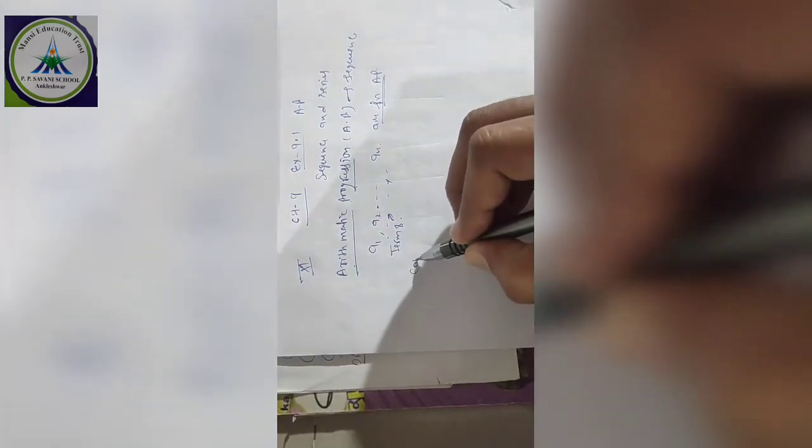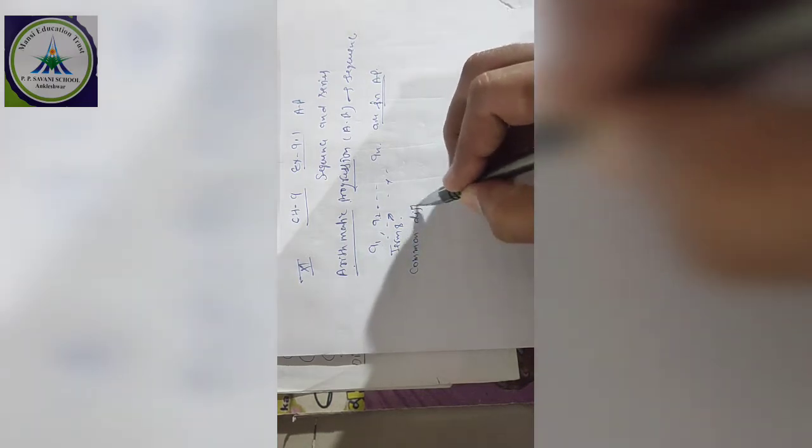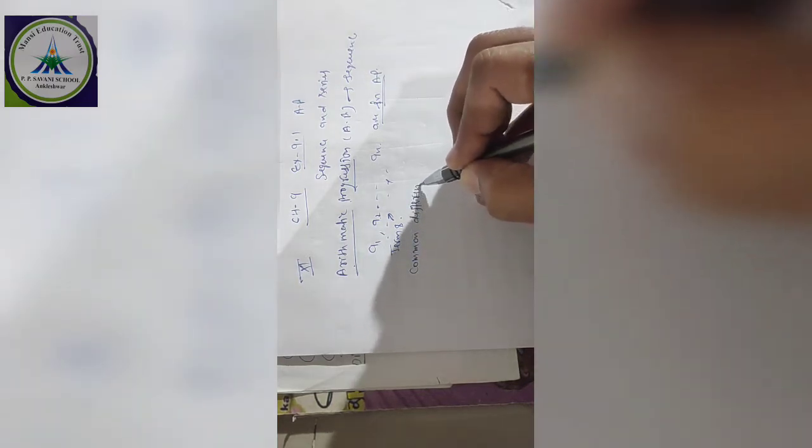An AP has a common difference. Common difference is denoted by D, and difference means second term minus first term equals third term minus second term, and so on.